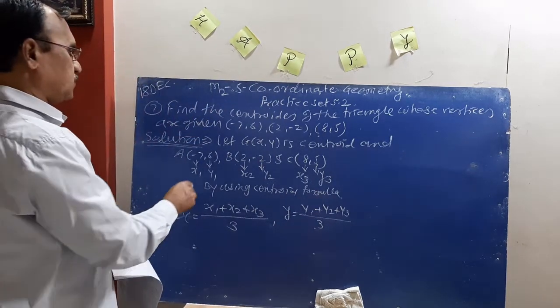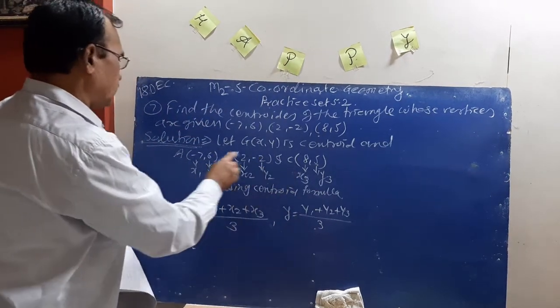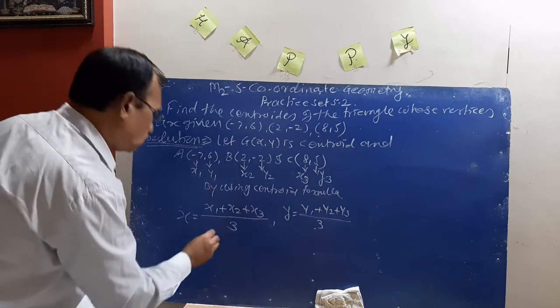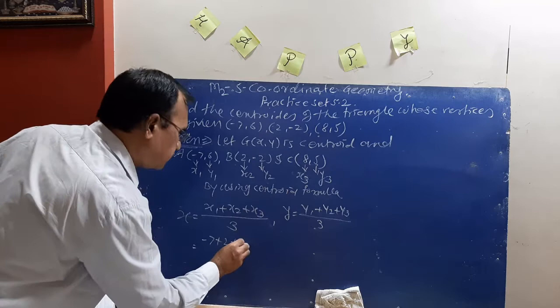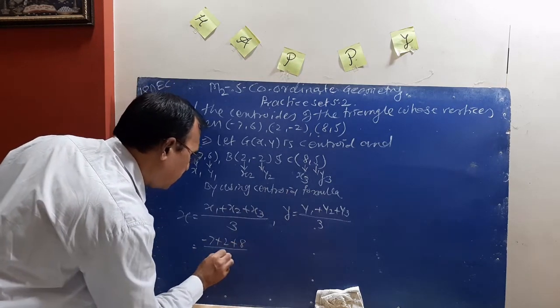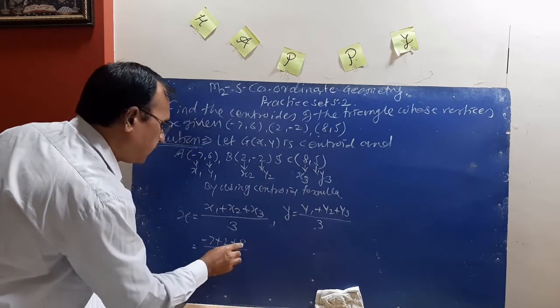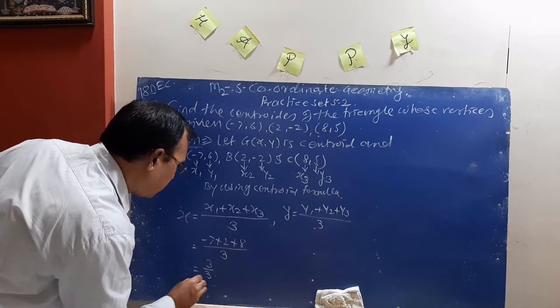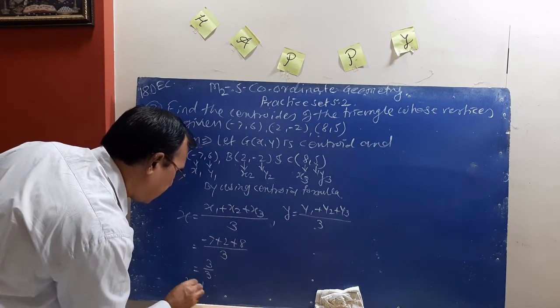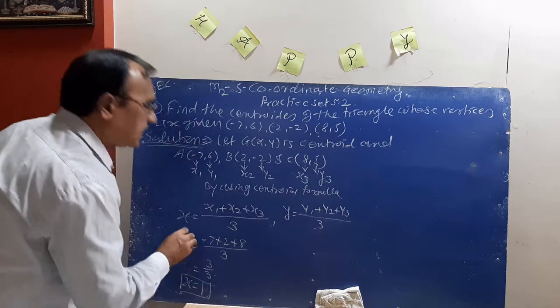Then by putting the values, -7 plus 2 plus 8 divided by 3. 8 plus 2 is 10, 10 minus 7 is 3, 3 upon 3. That means x is equal to 1.